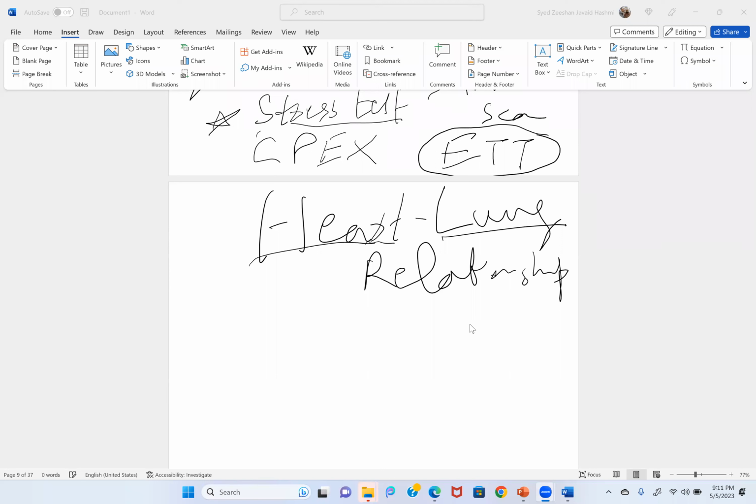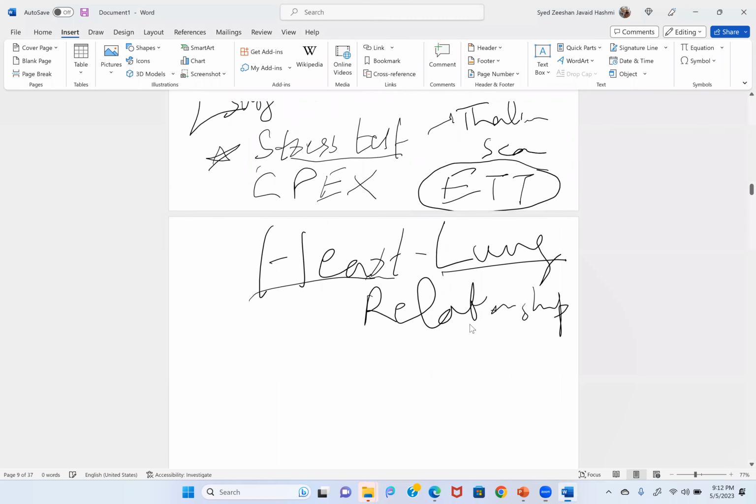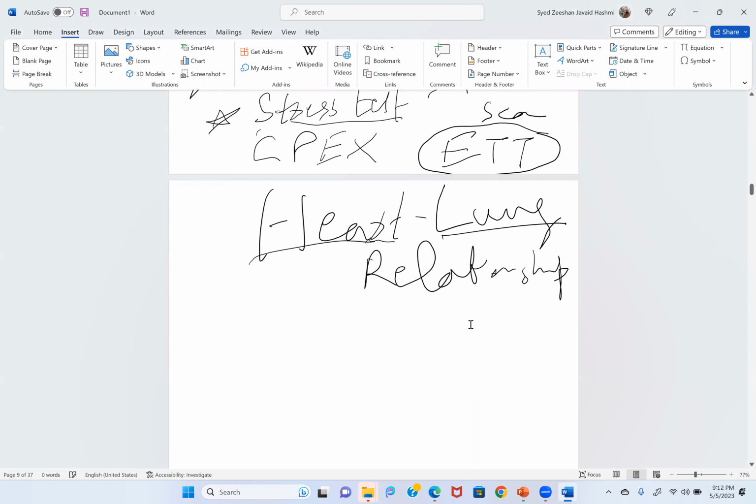If both of these are okay, the third step is utilization, which may be problematic in any condition in which oxygen is not being utilized, for example sepsis, cyanide poisoning, or gangrene. That will be a third thing, but usually you have to focus on the first two.